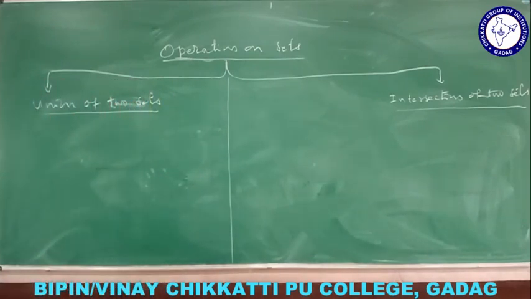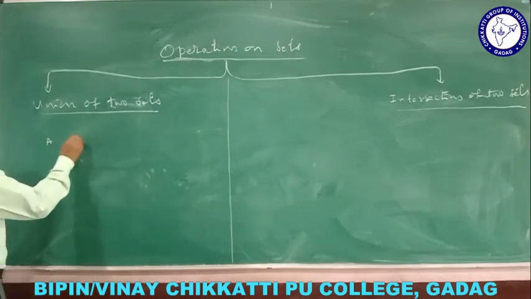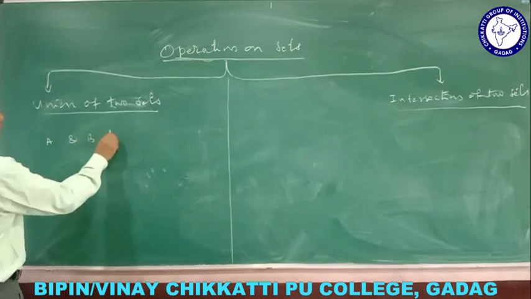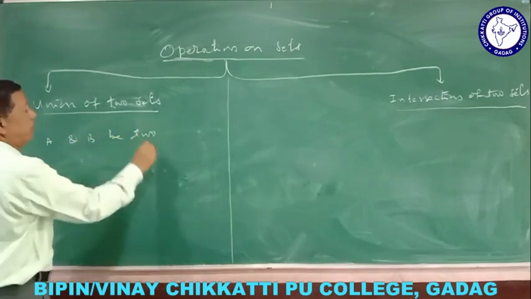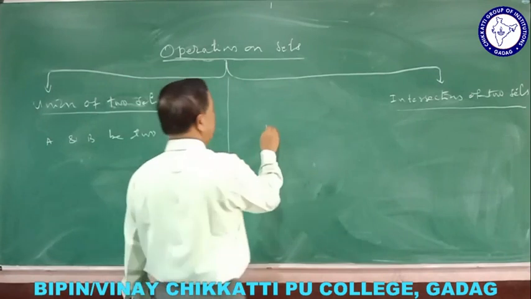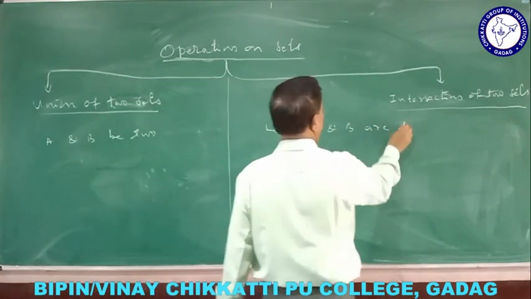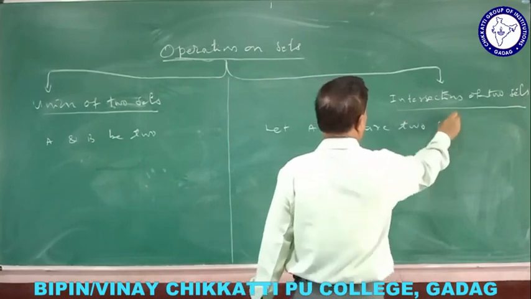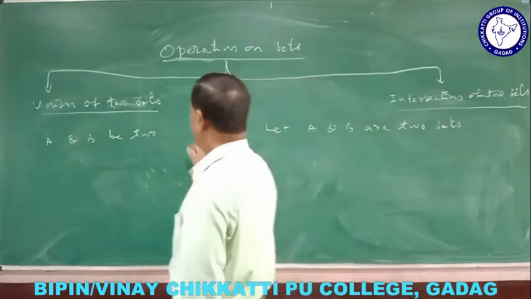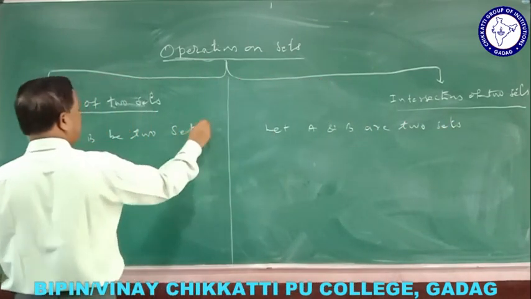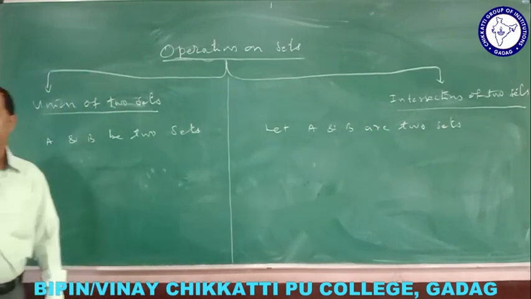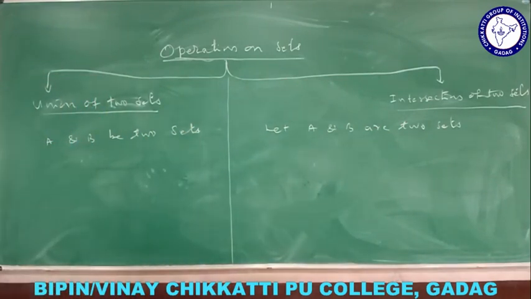First we discuss what the union is. Suppose A and B are two sets. Here also, in intersection, A and B are two sets, because I am taking them simultaneously, and you can understand how the difference can be made between union and intersection.